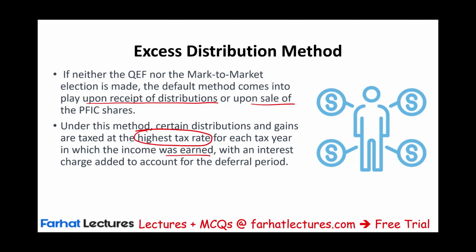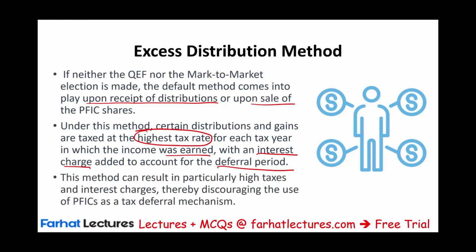In addition, you'll be charged interest added to your account for any deferral period. So this method can result in high taxes, a high bill and interest charges. The reason is to discourage you from waiting, and they want you to report your income on a current basis, either using the QEF method or the mark-to-market. So this way, you keep paying taxes and you are current.